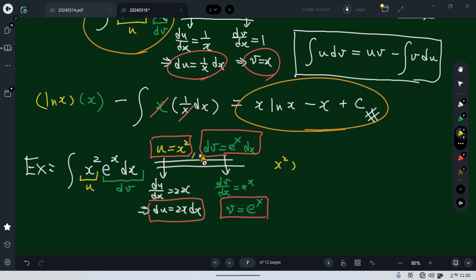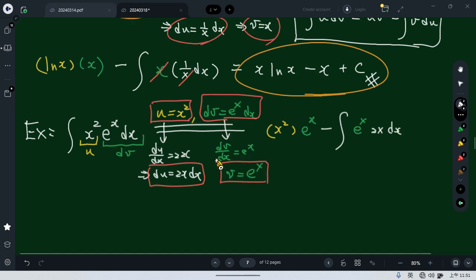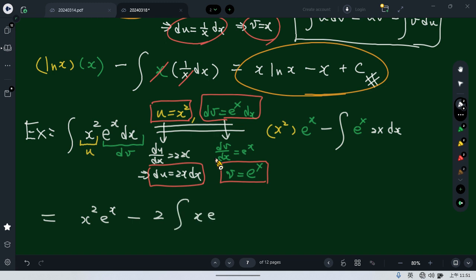So based on this, we can have x squared times e to the x, minus the integral of v times 2x dx, right? So the problem will become x squared e to the x minus 2 times the integral of x times the exponential function dx.